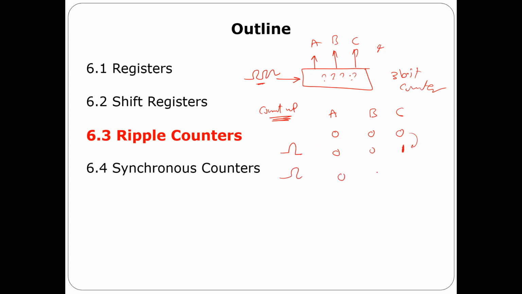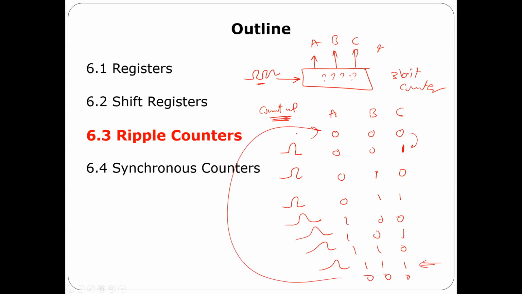After one clock, you can see number 2. After one clock, number 3, then number 4, number 5, number 6, and then number 7. Every clock, the count is incremented by 1. Then after 7, you are gonna go back to 0 0 0 again, and count again from 0.